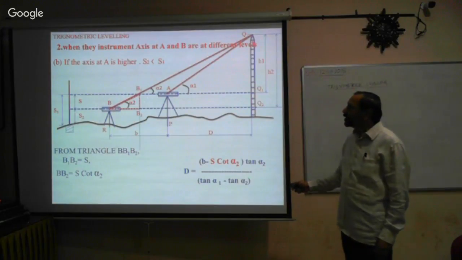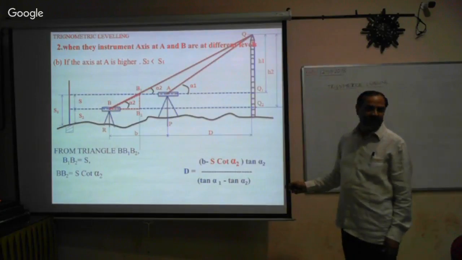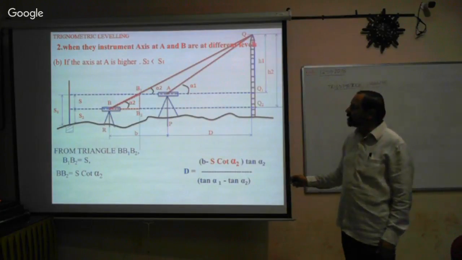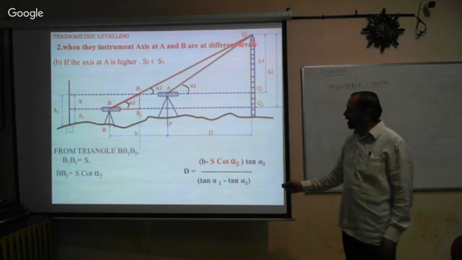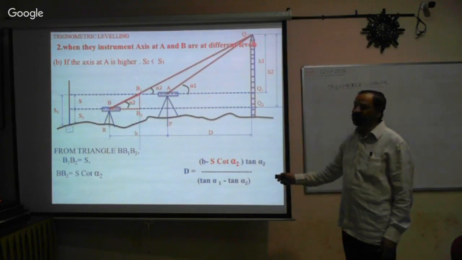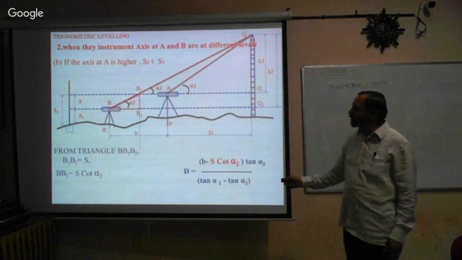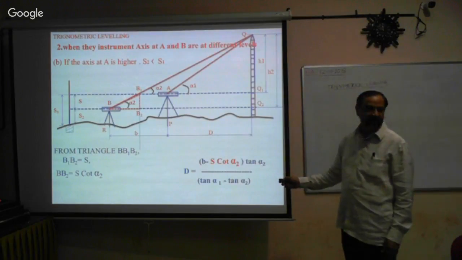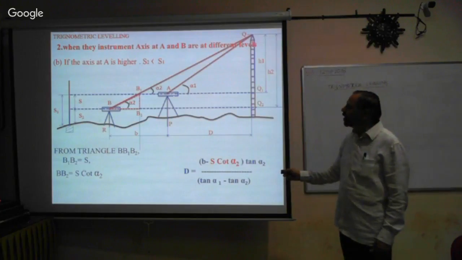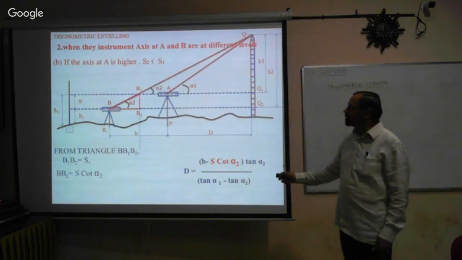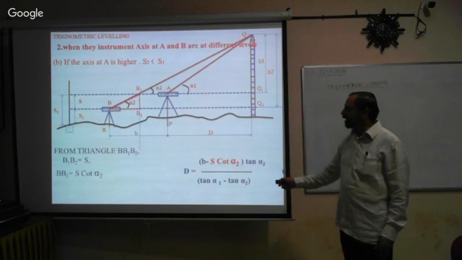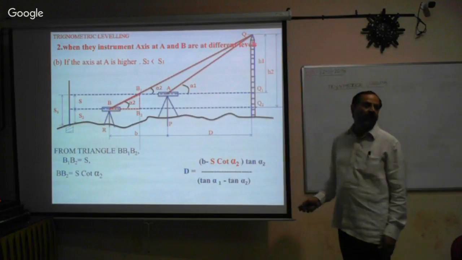Along the line of sight at the second instrument station, you project a line from B where it coincides with the first horizontal axis. The line of sight of the second instrument is coinciding with the first instrument axis. You just drop a line that becomes B1 and B2.